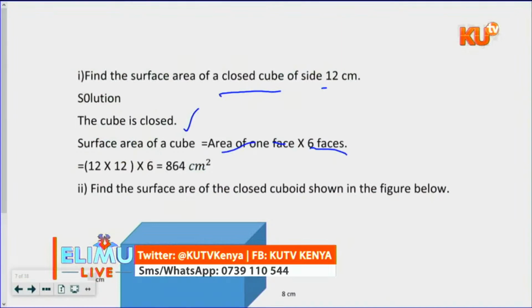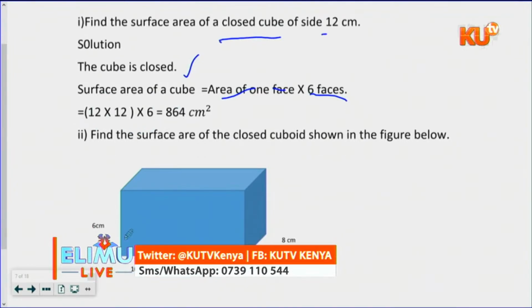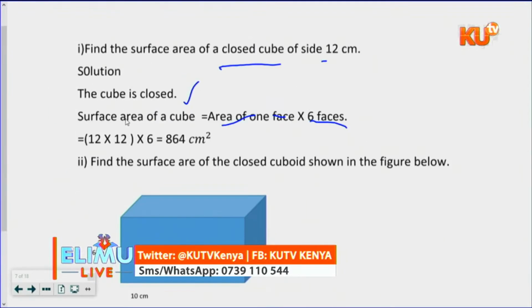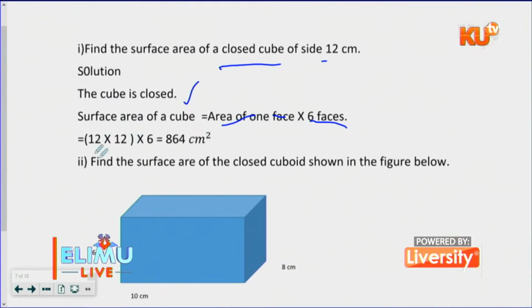Here the lengths of that cube are all 12. It will be 12 times 12. The answer we have, we multiply by 6, giving us 864 square centimeters.